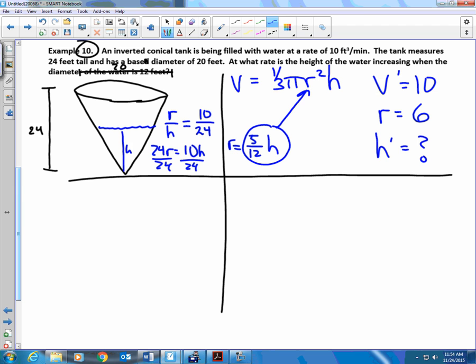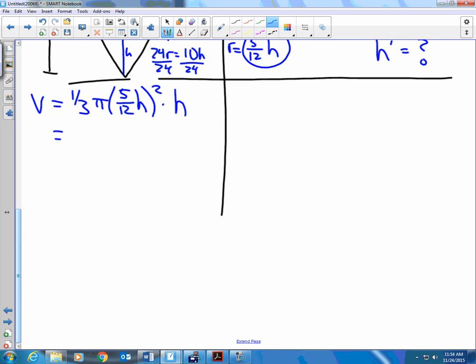So we write it out. The volume is equal to 1/3 pi times 5 over 12 quantity squared, times h. All right, what's 5 over 12 squared? 25 over 144. And 144 times 3 is 432.